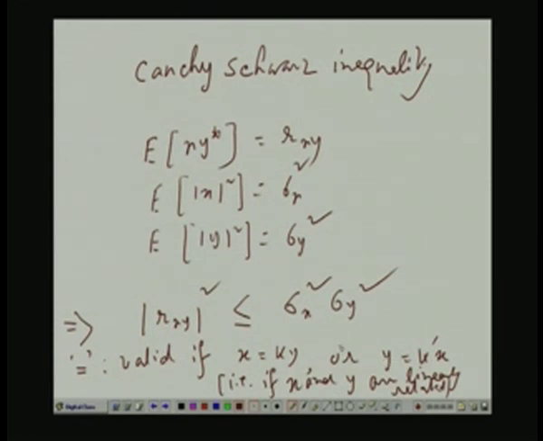Okay. Anyway, you can easily see one thing, that if you put x equal to k y or y equal to k prime x on the left hand side, then this becomes an equality. You can see this.